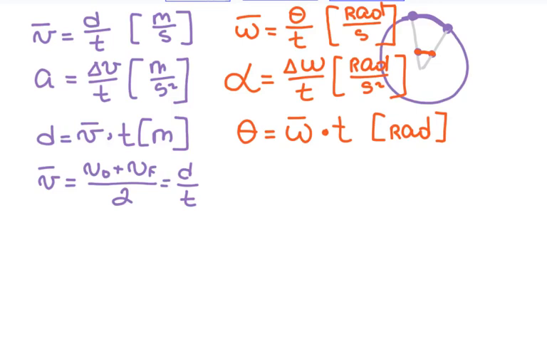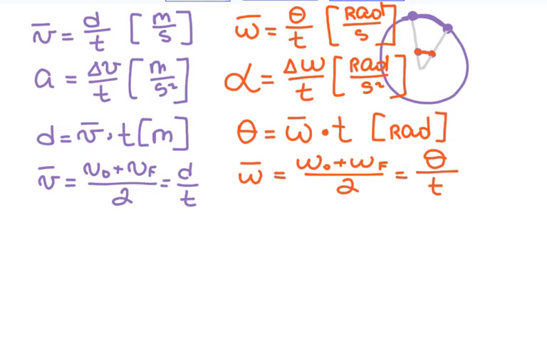Here I can do the same. Average angular velocity is equal to the initial plus the final divided by 2, or again the angular displacement over time, measured in radians per second.